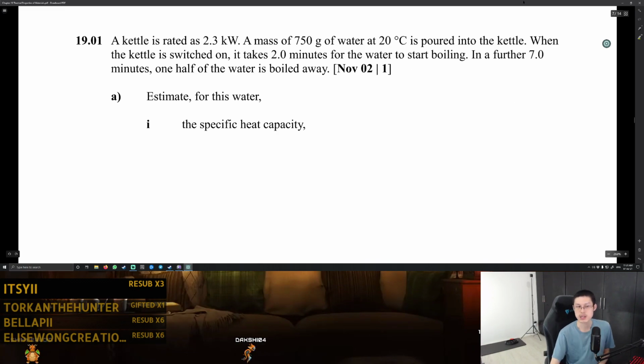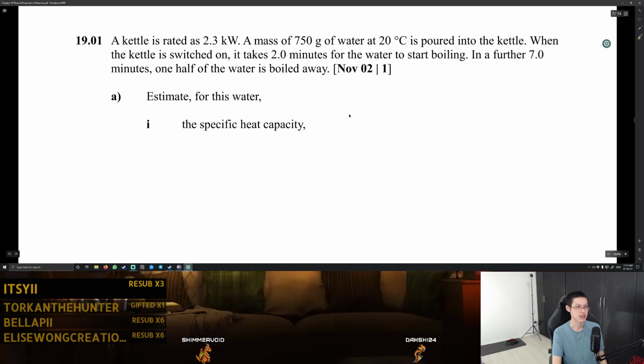Okay, so in 7 minutes, 375 grams of the water is being boiled away. So that's the change in mass. Anyway, we're looking for the specific heat capacity.